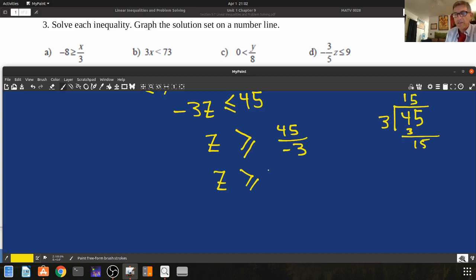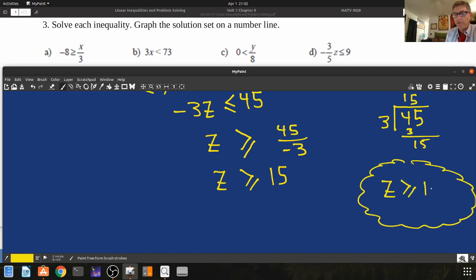So z is greater than 15. Let's do it another way. So we have an answer. When we divide by a negative, we got that z is greater than or equal to 15. So now let's actually start back.